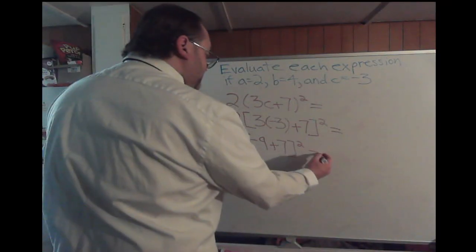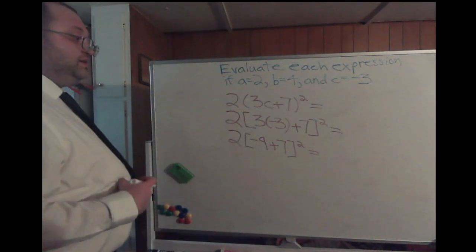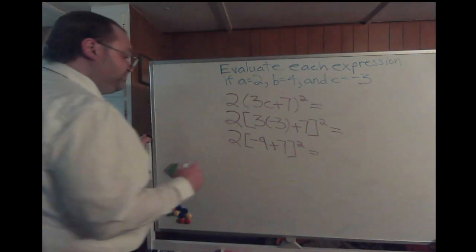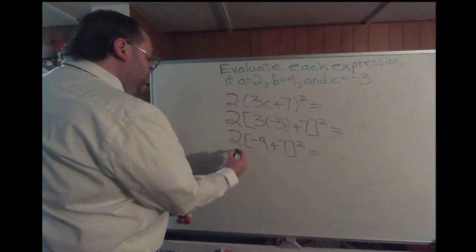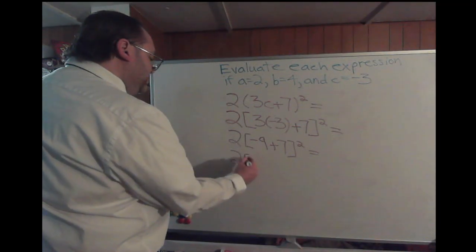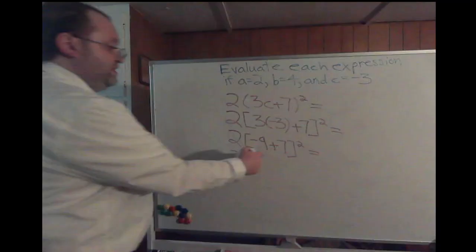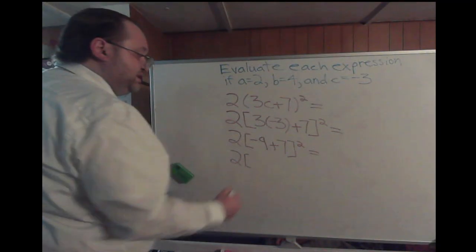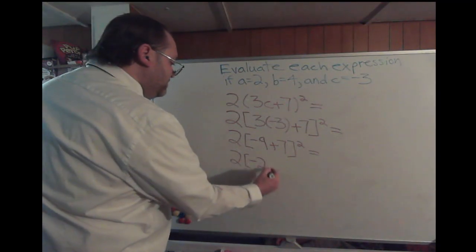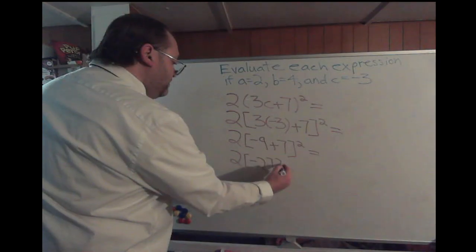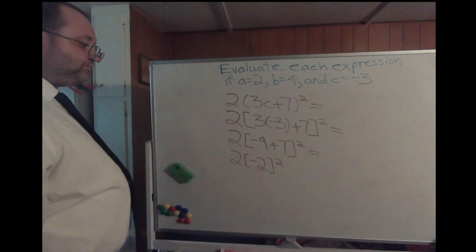Now, we still got brackets or parentheses. That still comes first. So you'll have 2 times what is negative 9 plus 7. That's inside the parentheses. Well, that's just negative 2. All that to the second power.